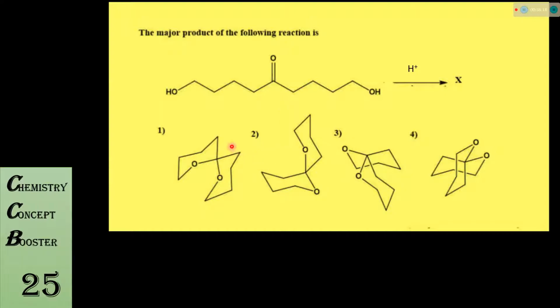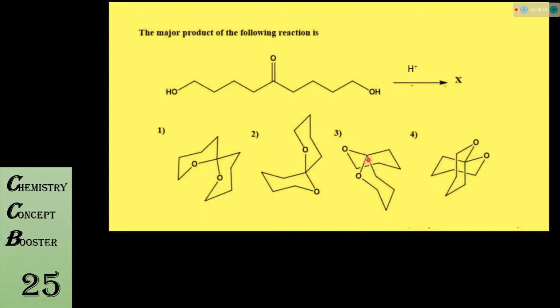This is a spiro, we can see a spiroketal kind of molecule. This linkage is called a spiro linkage. So 2 six-membered rings linked via a spiro linkage, so this is called a spiroketal.